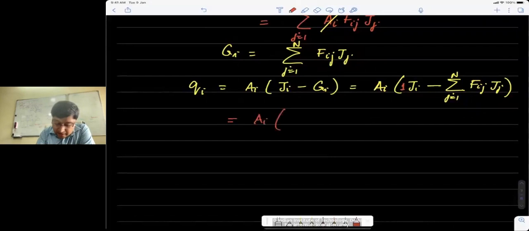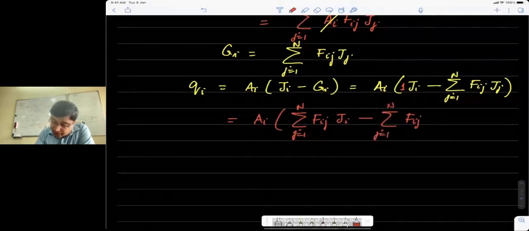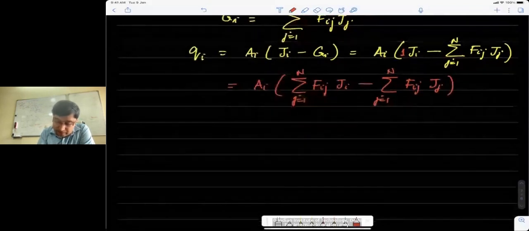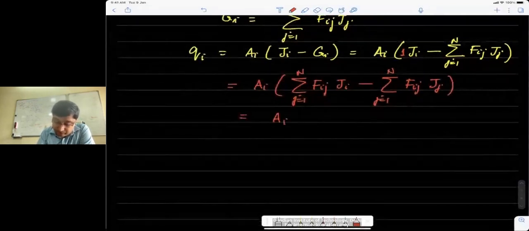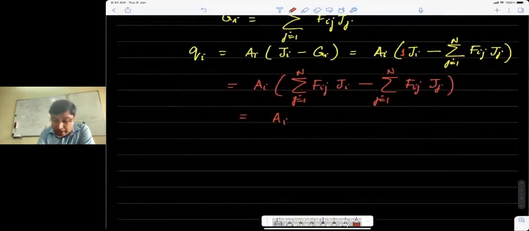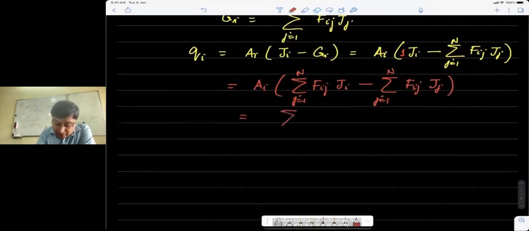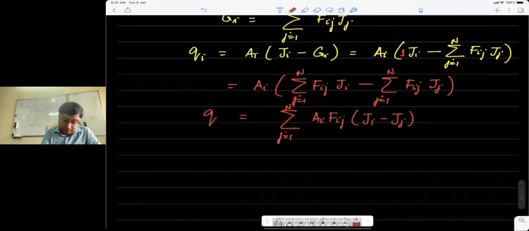So I can write this as Ai times summation Fij from j going 1 to n times Ji, minus summation Fij Jj, j going from 1 to n, and that becomes Ai, and I can pull Ai inside just to show you what I'm going to write eventually. I can write this as summation j going from 1 to n of Ai Fij times Ji minus Jj.